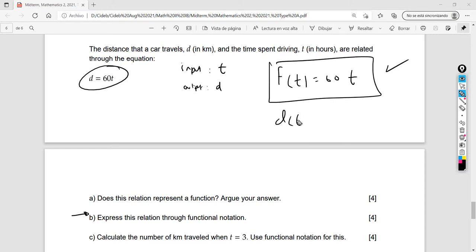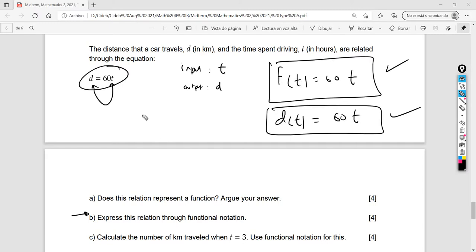Maybe some of you did this: d of t equals 60t. This is also okay. In this case, I'm calling the function f. This is the name of the function that links the time and the distance. Remember, if this is the set of time and this is the set of the distances, then what this object, the function, is doing is linking or mapping or transforming one value in the inputs to one value in the outputs.